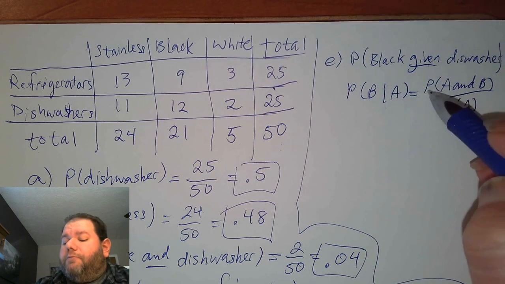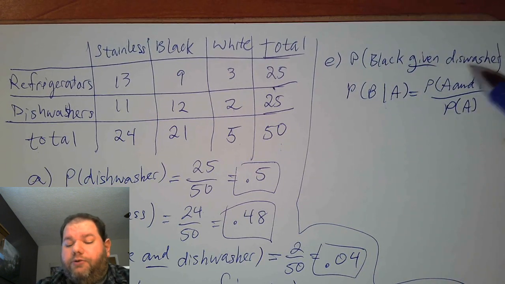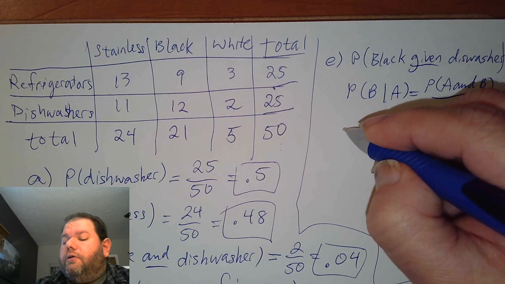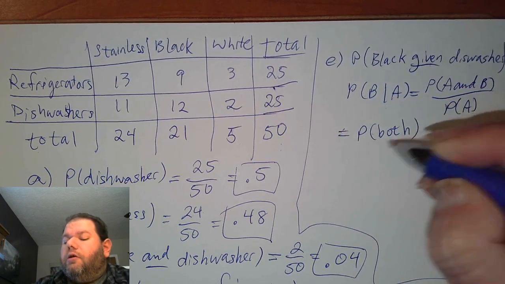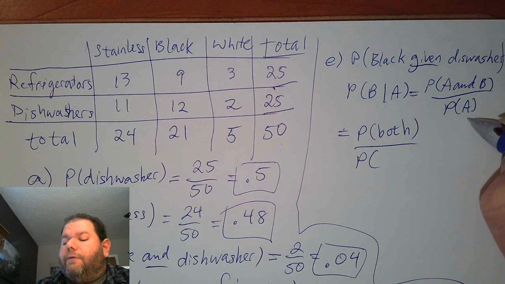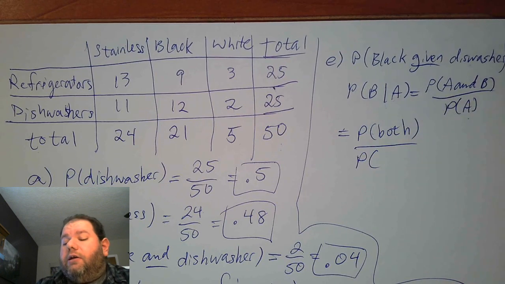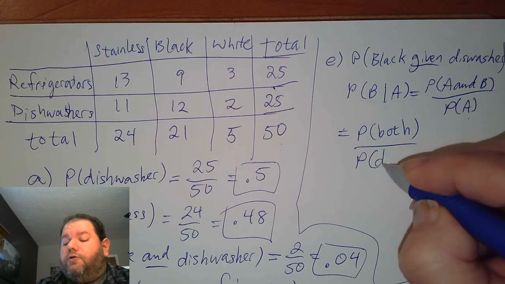But we want to find the probability of both, that it's a dishwasher and a black colored dishwasher, divided by the probability that we select option A, which is whatever's given. In this case, it's given that the appliance is already known to be a dishwasher.